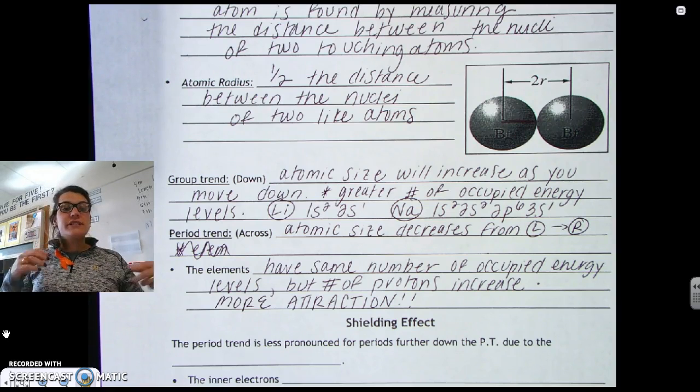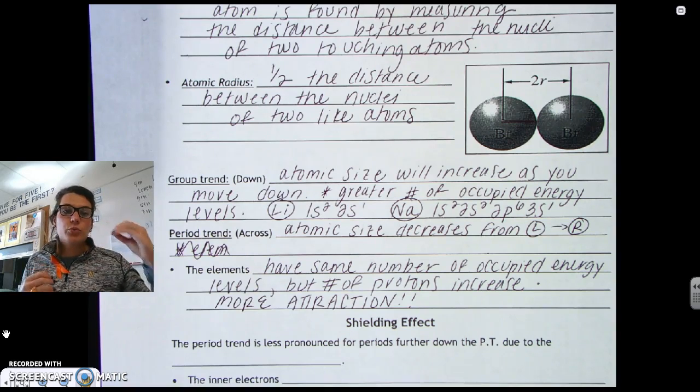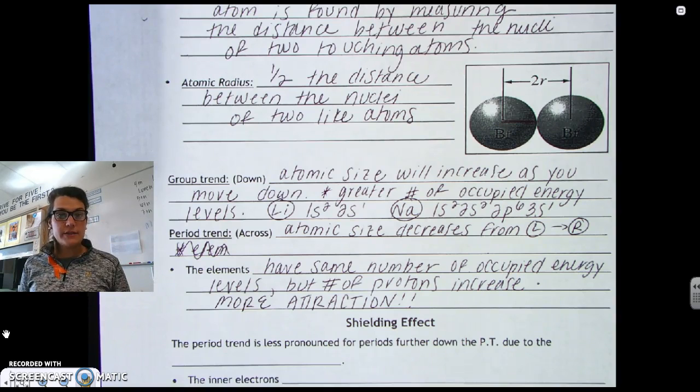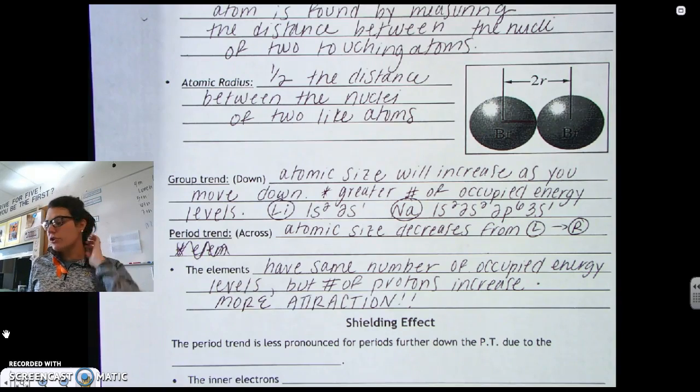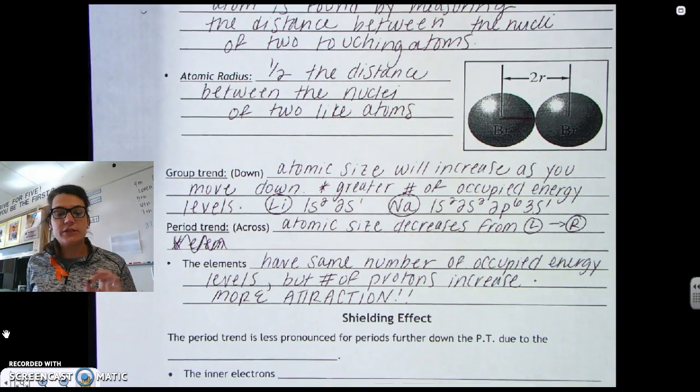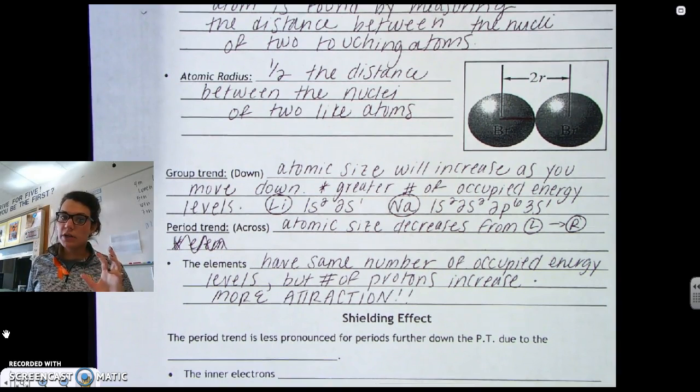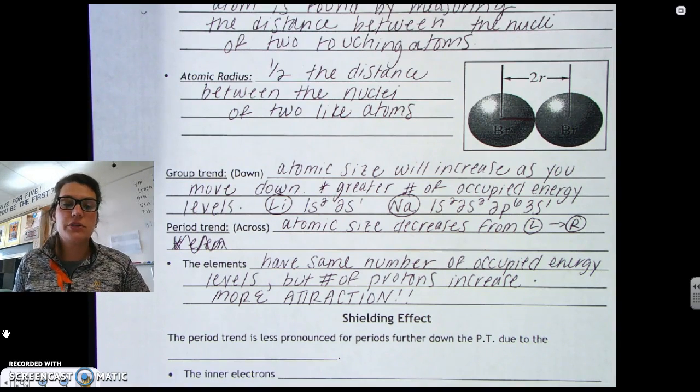Okay, so since we have a periodic law, and since we have similarities and differences between groups and periods, we can start to talk about the trends of atom size based off of the periodic table. Okay, so let's talk about the group trend first. This one's a little bit easier to understand than the period trend.